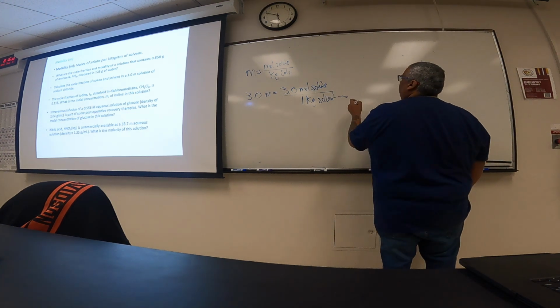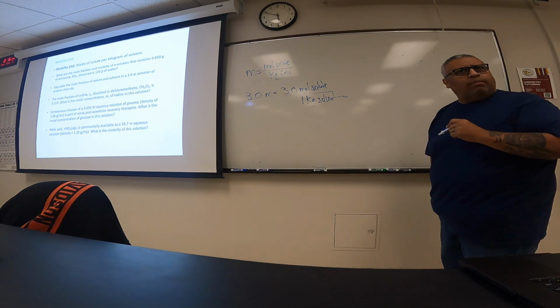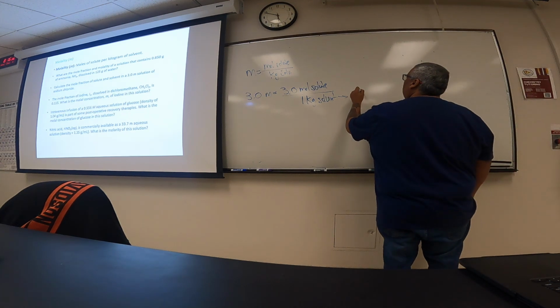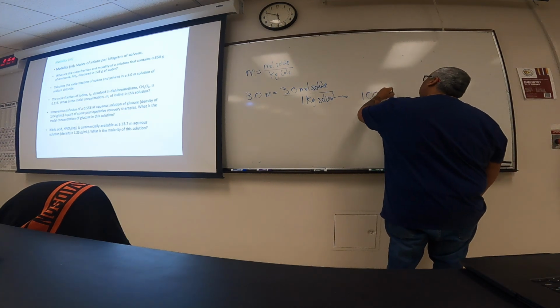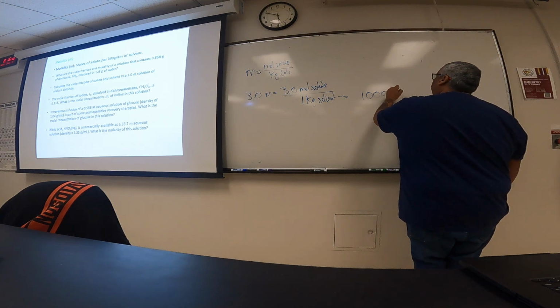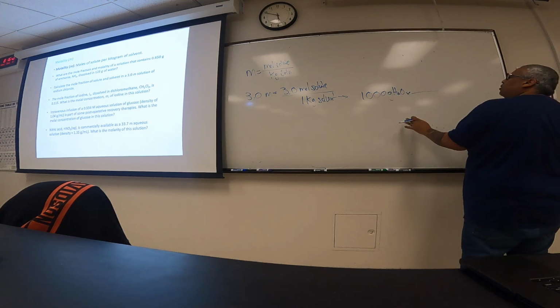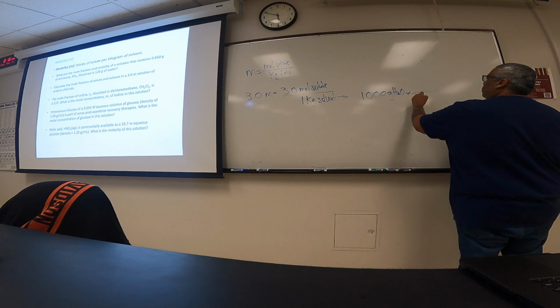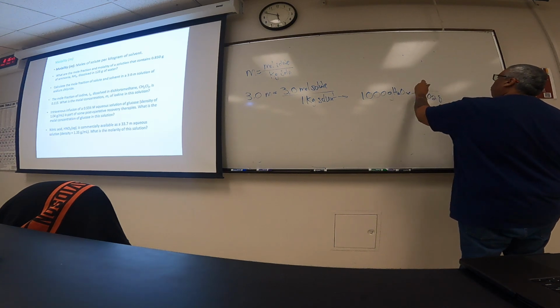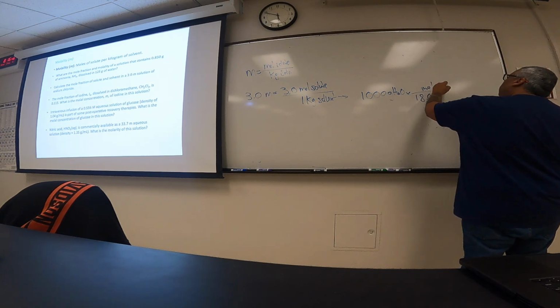So 1 kilogram of water. Let's convert that into grams of water. How many grams of water do we have then? 1,000. So we have 1,000 grams of water. Let's convert that into moles. So 18.02 grams per mole.